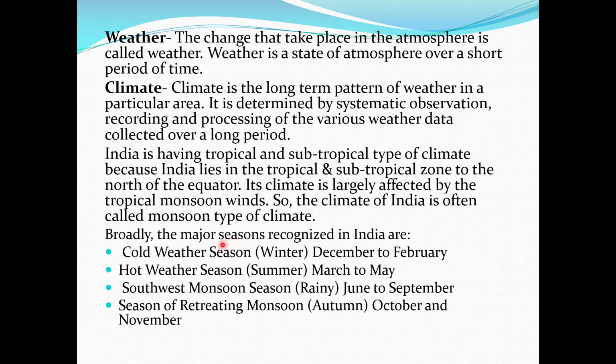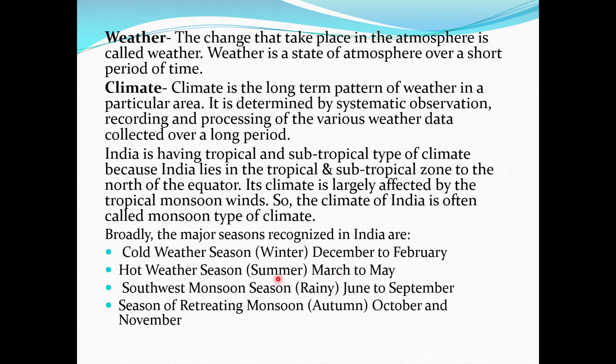Now we will divide the seasons that come in a year. Firstly, we will talk about the cold weather season, that is winter. You know that very well; it comes in December and lasts up to February. Then we will talk about the hot weather season, that is summer, which starts from March and lasts up to May.